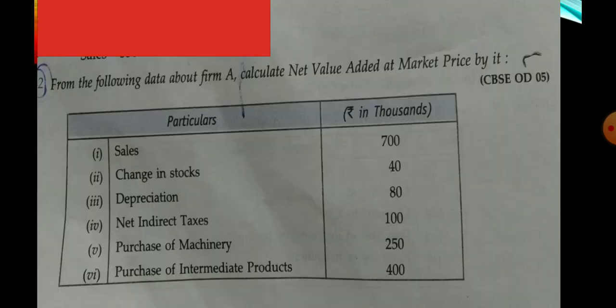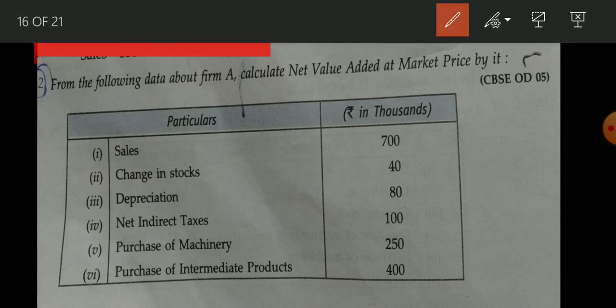Let me move to another question. Here we have to calculate NVAMP. And whenever we are using the production method, what we get? We get GVAMP.